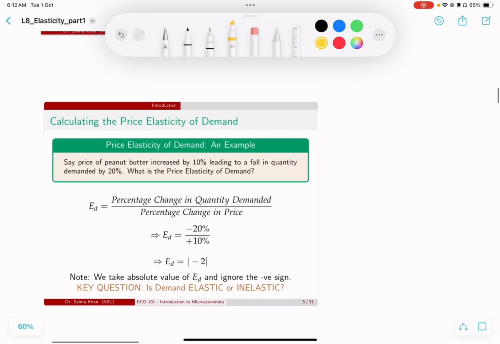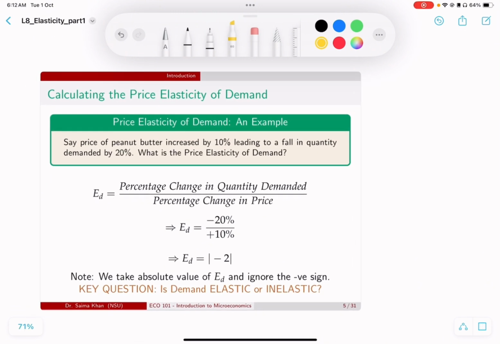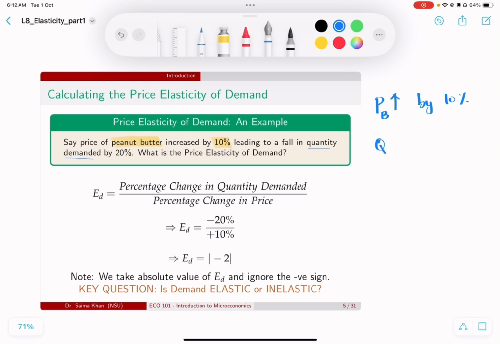Now let's just go through a very simple example. What we've got is we're being told that, let's say, the price of peanut butter increases by 10%. Let me write this down: price of the peanut butter increases by 10%. Then we see that quantity demanded of peanut butter actually falls by 20%.